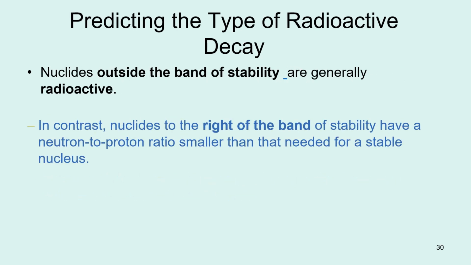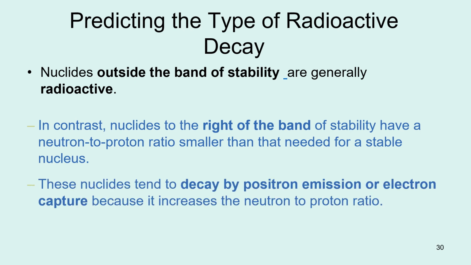Nuclides to the right of the band of stability tend to have too many protons, so they want to convert protons to neutrons. They will tend to decay by either positron emission or electron capture. At this point, you wouldn't be able to tell which one. If I asked which one it will go by, you could say either positron or electron capture, because they kind of go hand in hand.